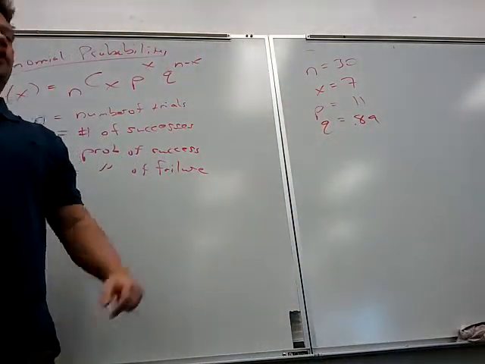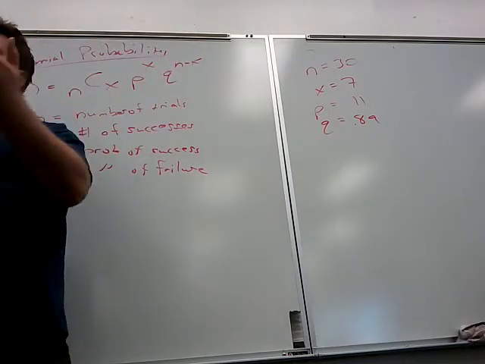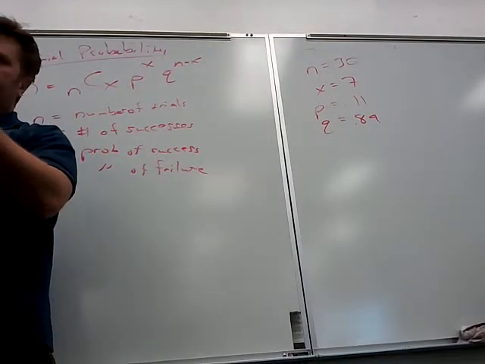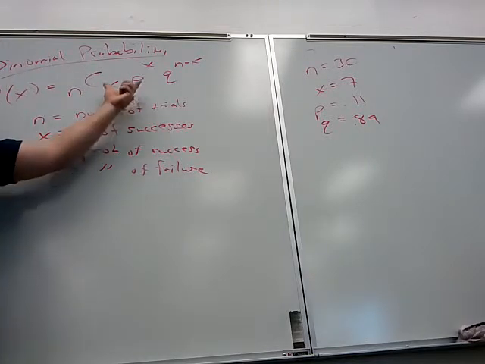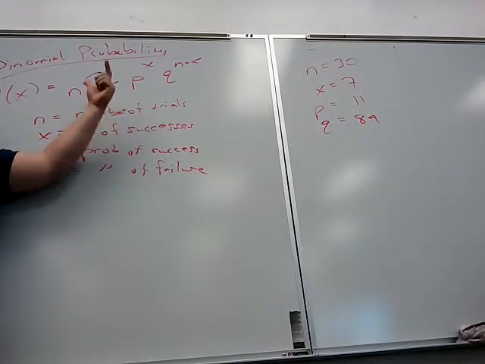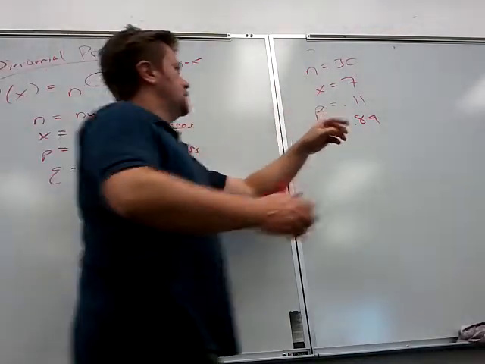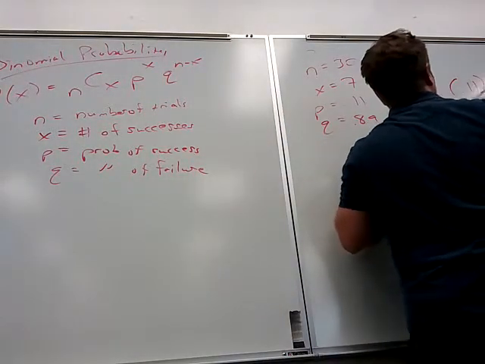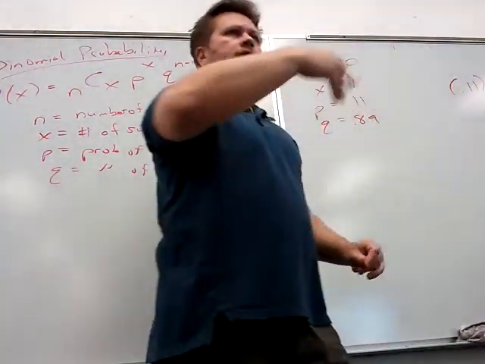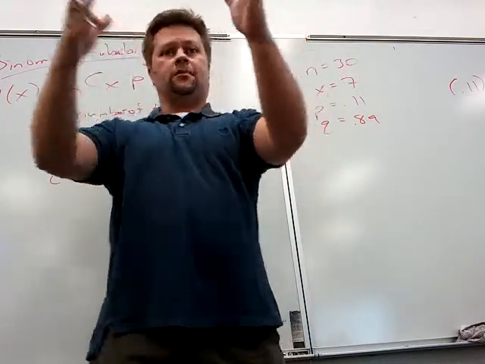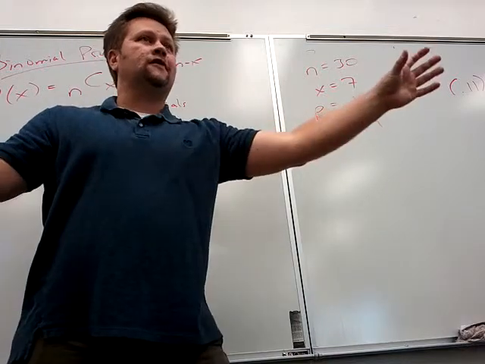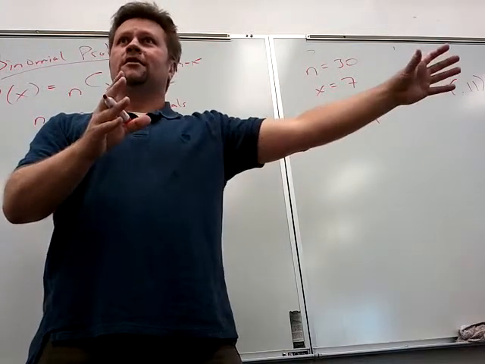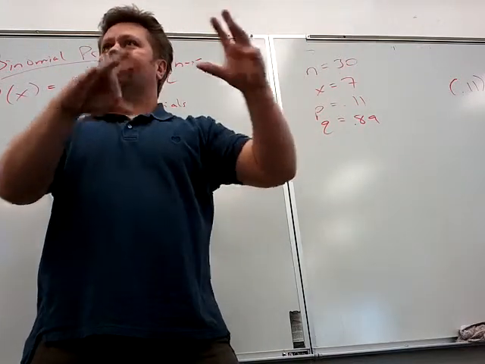Okay, cool. So that's the little summary I would do for any binomial problem. I would figure out what's N, what's X, what's P, what's Q, and then it becomes a plug and shove. But how many successes do I want in each case? Because it could be the first 7, or the last 7, or the middle 7, or the first 2 and the last 5, whatever adds up to 7, right?